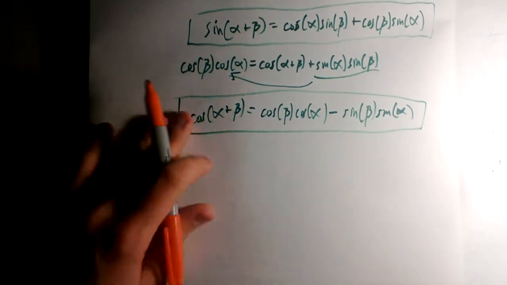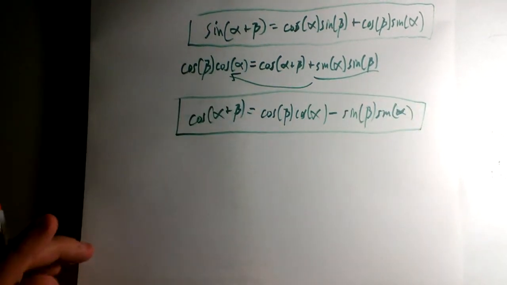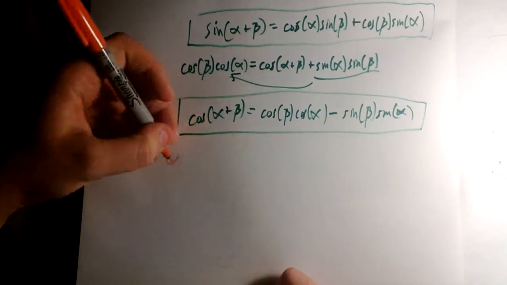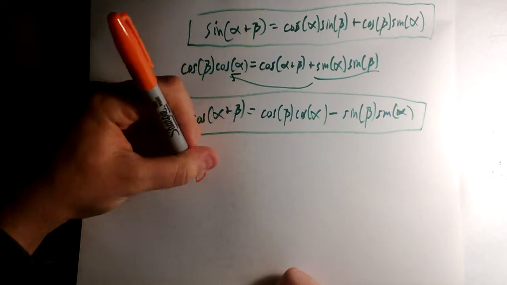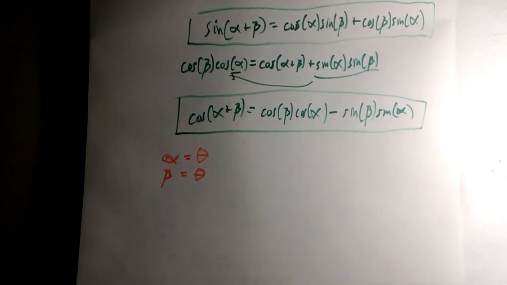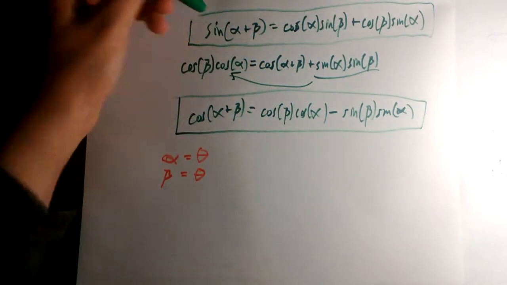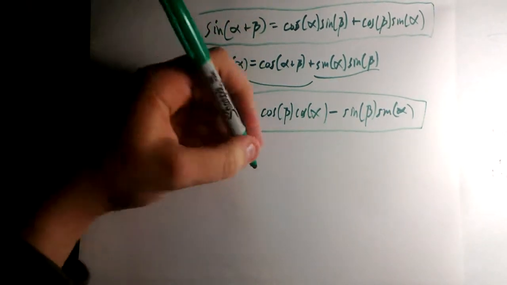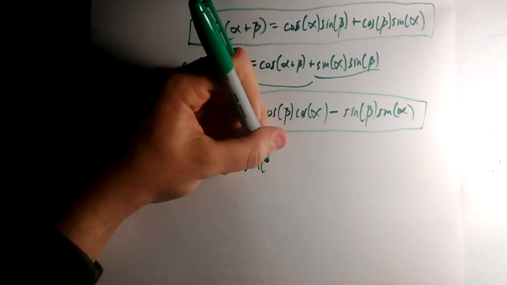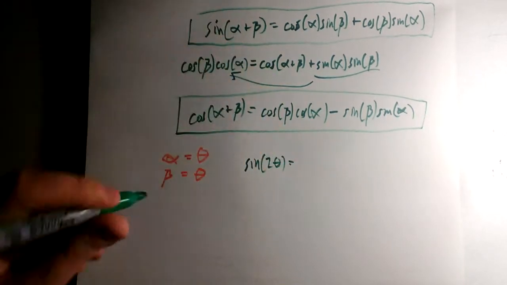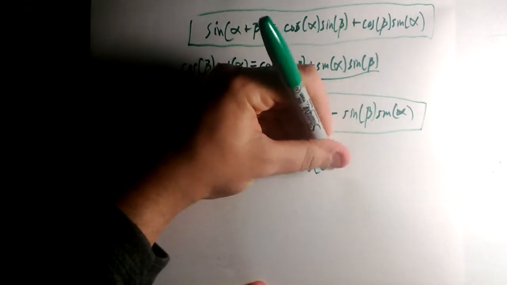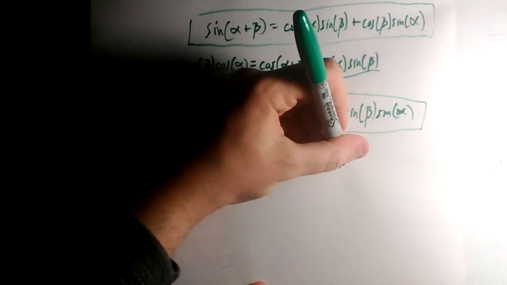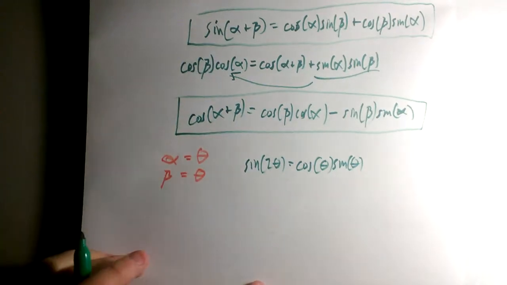All right, so now step 2. Let's set alpha and beta equal to theta. If alpha and beta are both theta, then sine of alpha plus beta is the same as sine 2 theta. All right, and cosine of alpha is the same as cosine of theta, and sine of beta is the same as sine of theta.